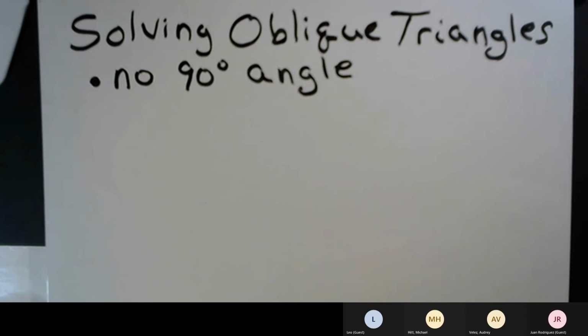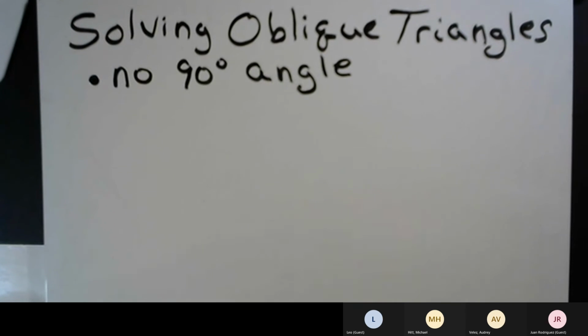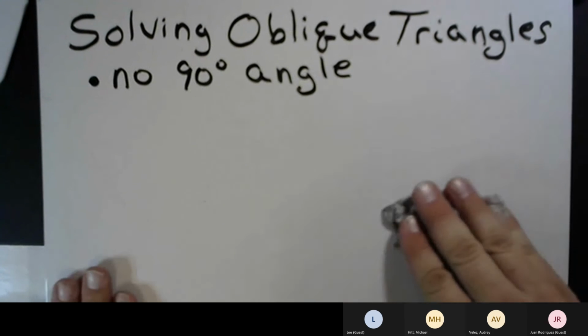No 90-degree angle. So how do we do this? Well, there are 4 different situations we're going to look at. And 2 of them are going to be solved using the law of sines, and 2 are going to be solved using the law of cosines.